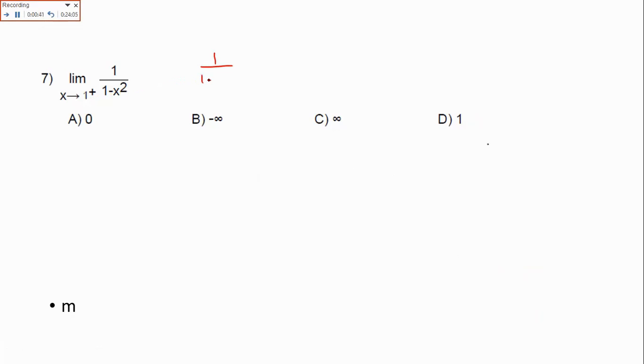So let's say 1 minus 1.1 squared. I'm going to put 1 over 1 minus 1.01 squared. Then 1 over 1 minus 1.001 squared, and we can continue just for one more time with 1 minus 1.0001 squared.